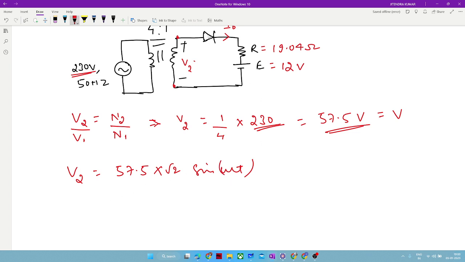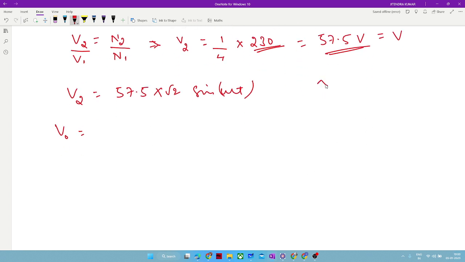Now to compute V naught, at this node, it will have the same expression. Just let me draw the waveform in a second. Till phi, it will be E. From phi to pi minus phi, it will be Vm sin omega t. Again, from pi minus phi till 2 pi, it will be E. Since it is a half wave converter, you have to consider the entire 2 pi period.